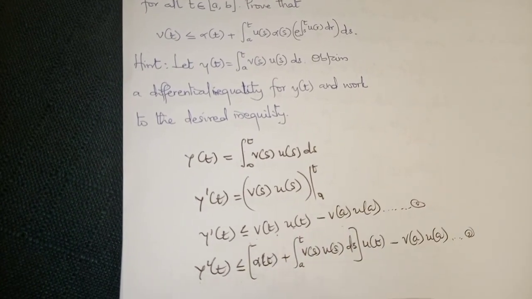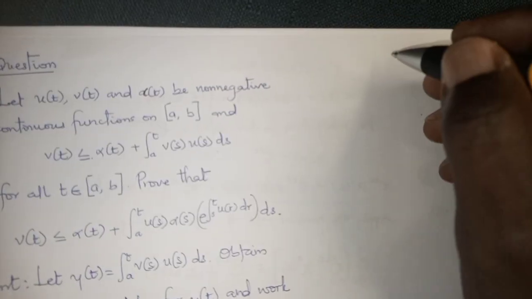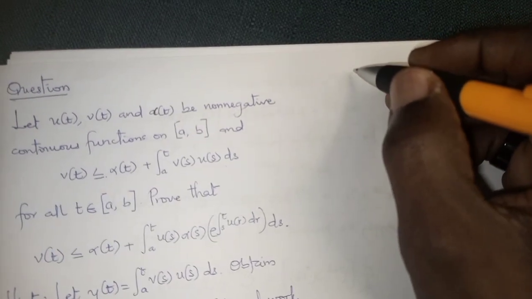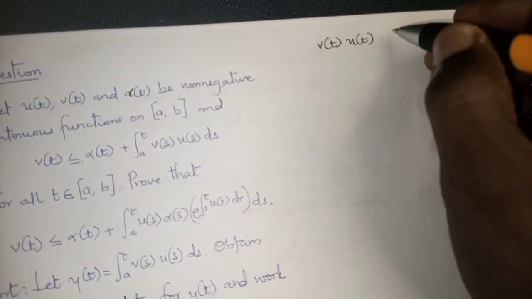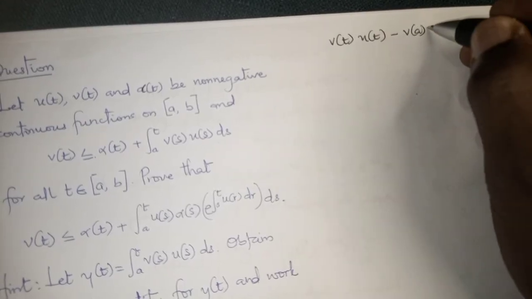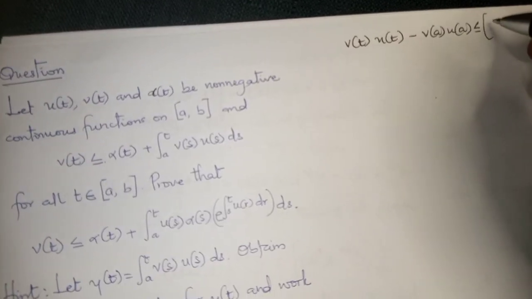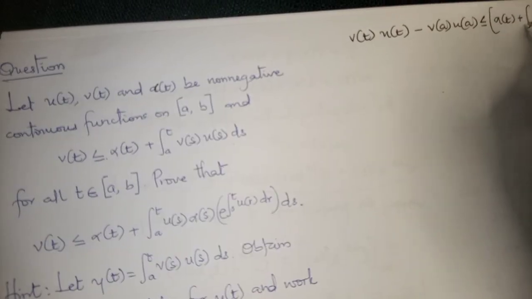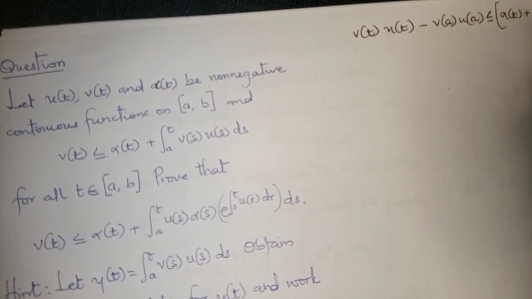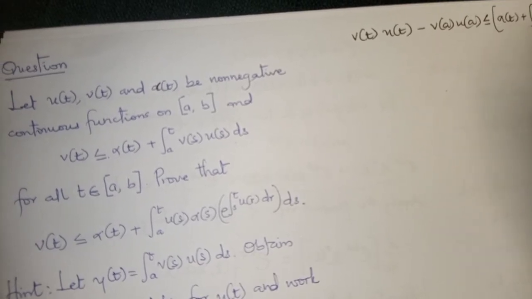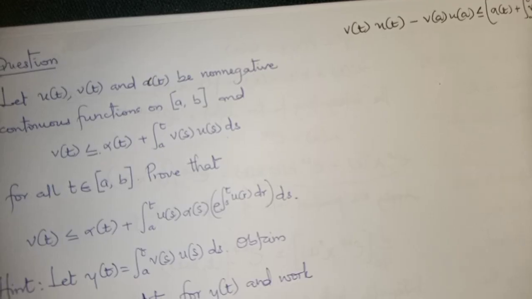Instead of y prime of t, you'll be having v of t, u of t minus v of a, u of a, less than or equals to the bracket open alpha of t plus the integral of v of s, u of s from a to t ds, and we close the bracket, u of t minus v of a, u of a.